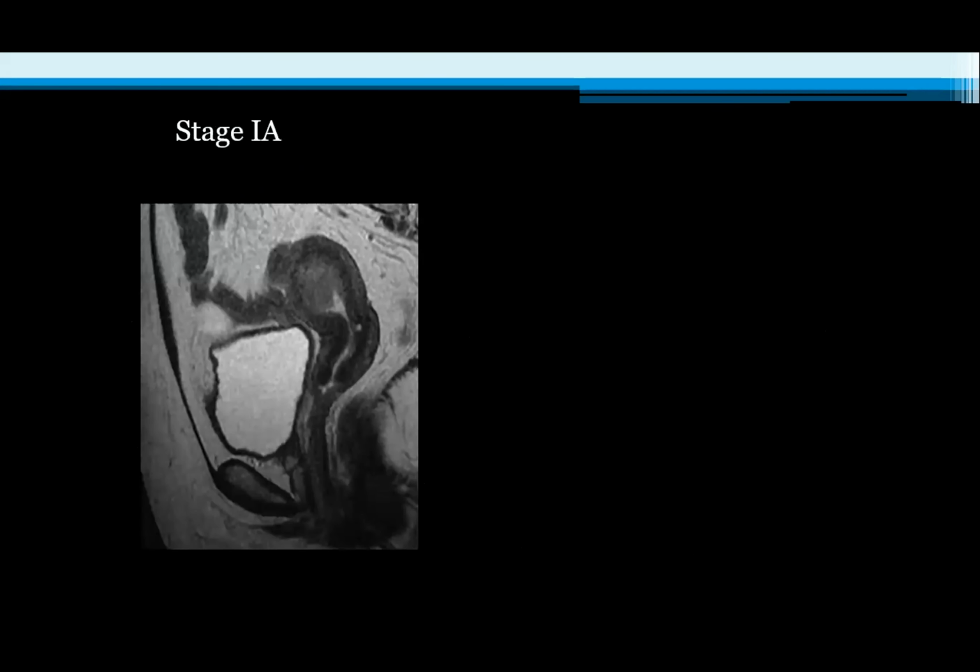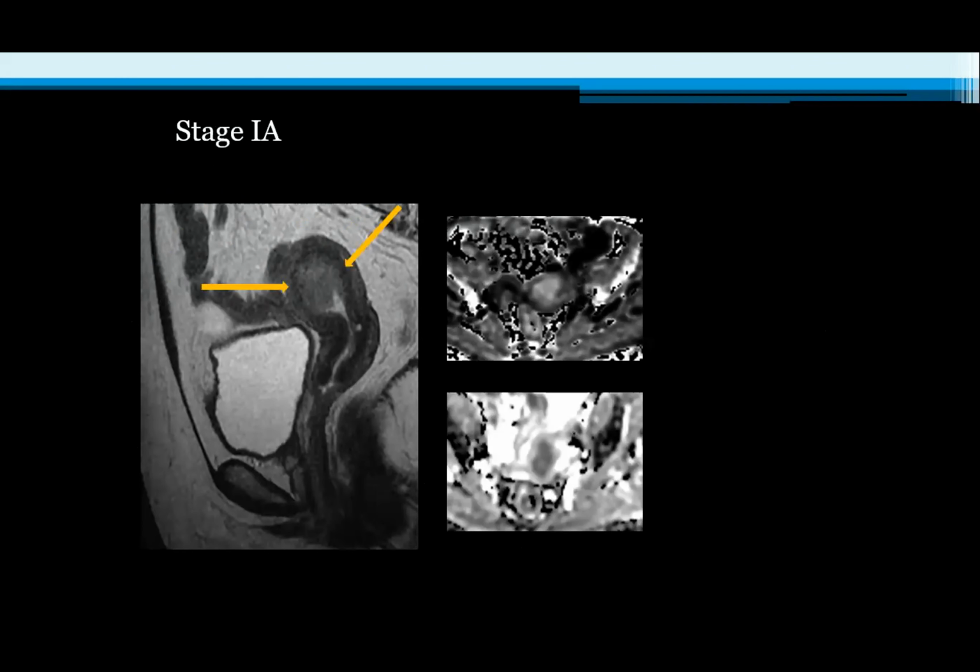So this is an example of a stage 1A tumor, where you can see an intermediate signal intensity mass in the endometrium. The junctional zone, as we have seen on the anatomy slide, is preserved. These are the diffusion-weighted and ADC images, which show restriction of diffusion of this tumor.